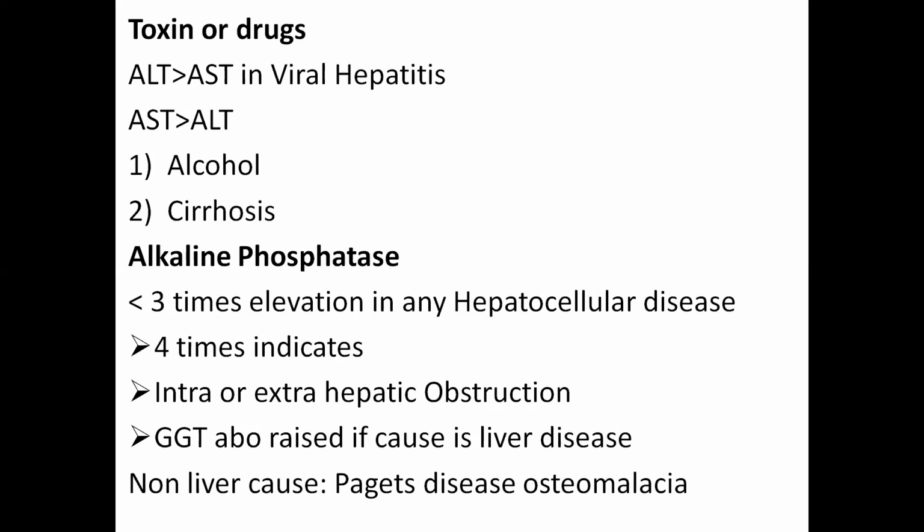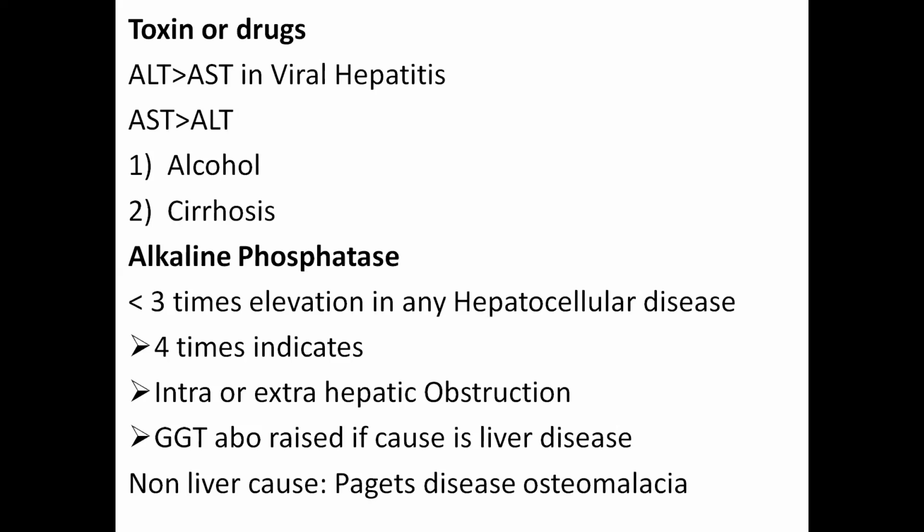Increased alkaline phosphatase is caused by liver disease, but there are also other causes. For example, alkaline phosphatase is also produced by the bones as well as the placenta.